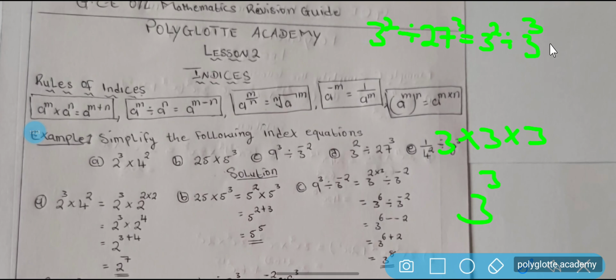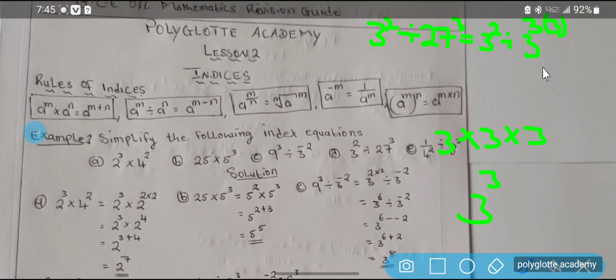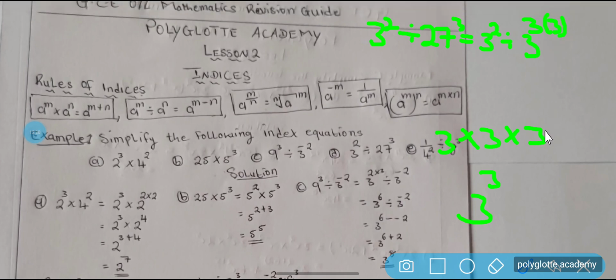And then we have an original 3 that was on top of the 27. So this is equal to 3 to the power 2 divided by 3 to the power 9.